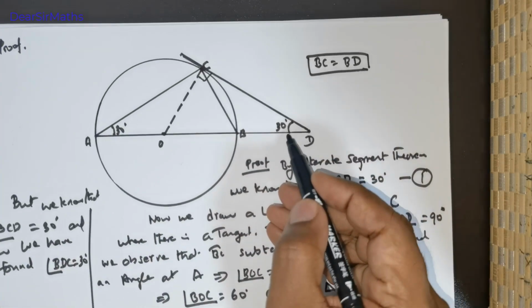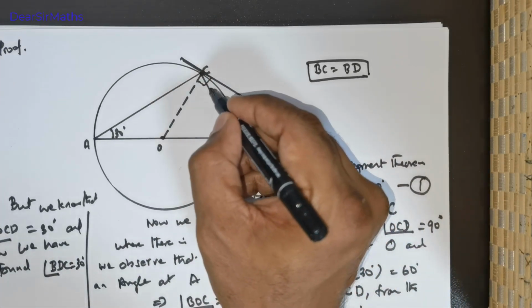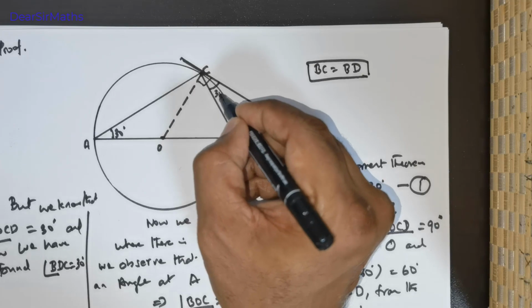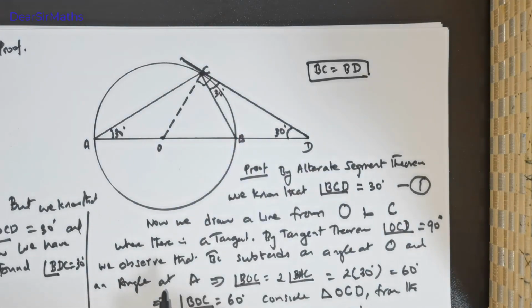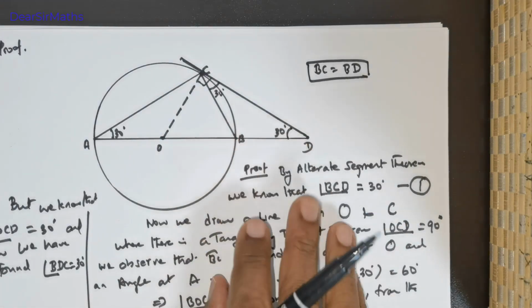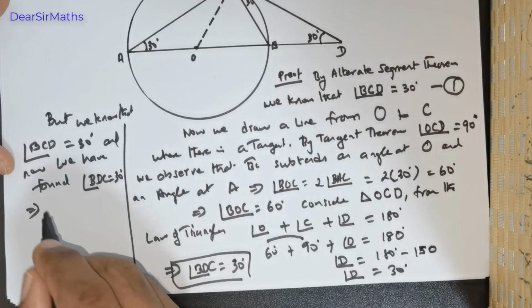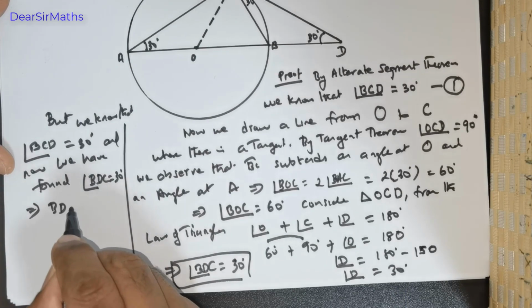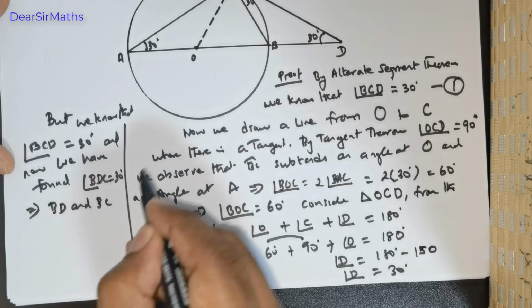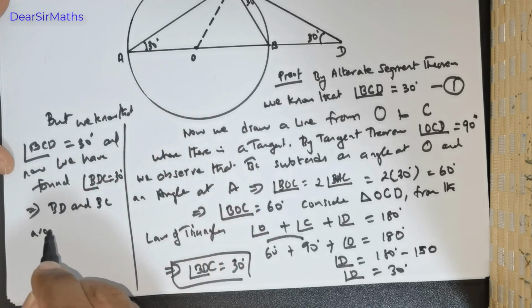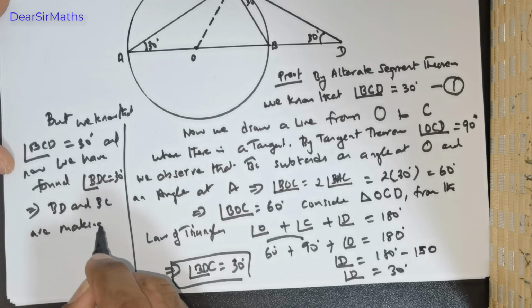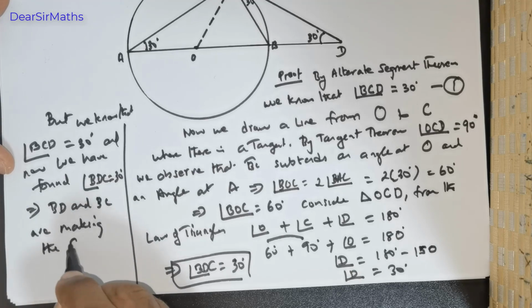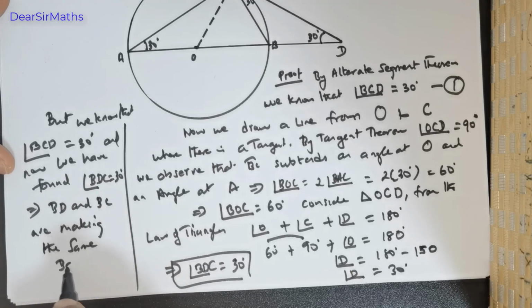So this is 30, this is already found to be 30, and this means BD and BC are making the same base angle, right?